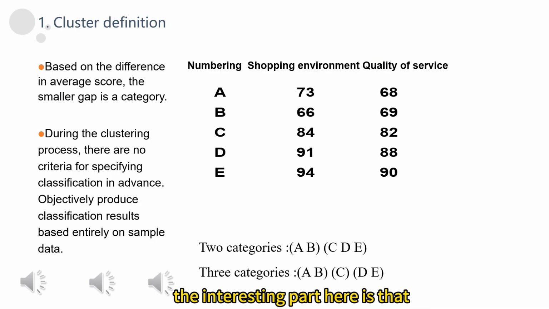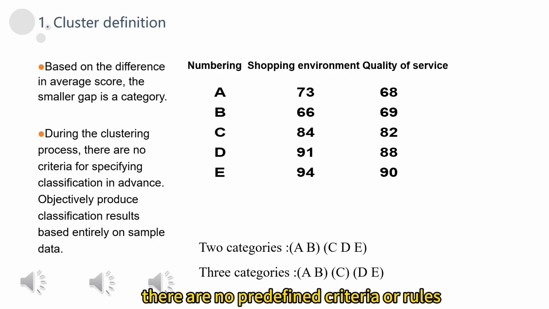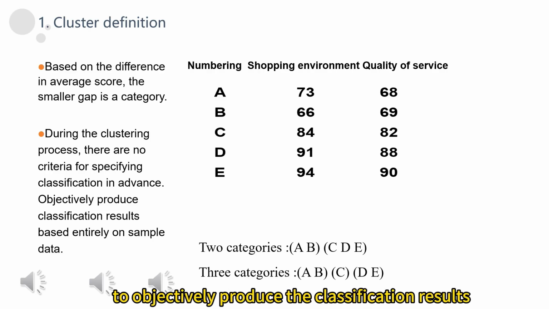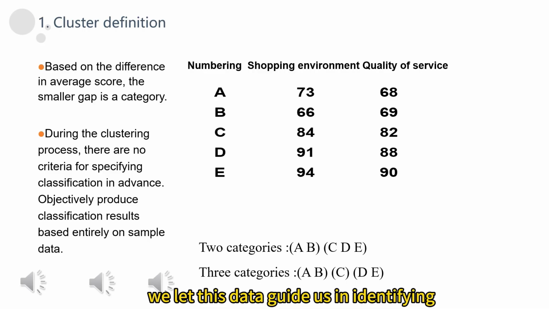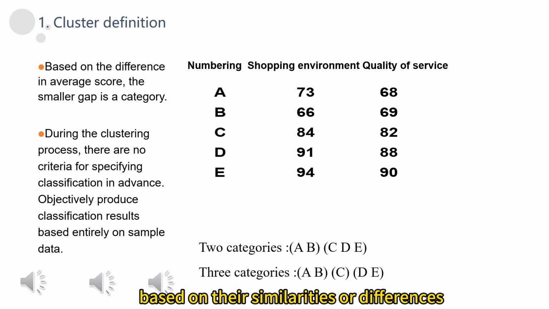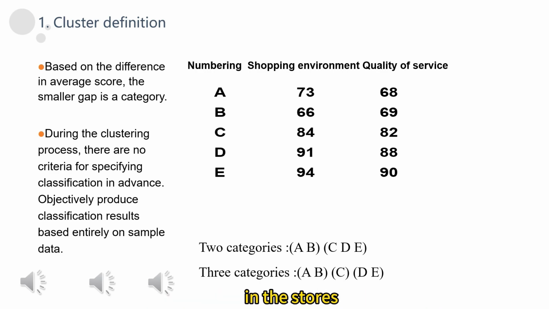The interesting part here is that during the clustering process, there are no predefined criteria or rules for classifying the stores. We solely rely on the sample data to objectively produce the classification results. We let the data guide us in identifying natural clusters based on the similarities or differences in the stores.